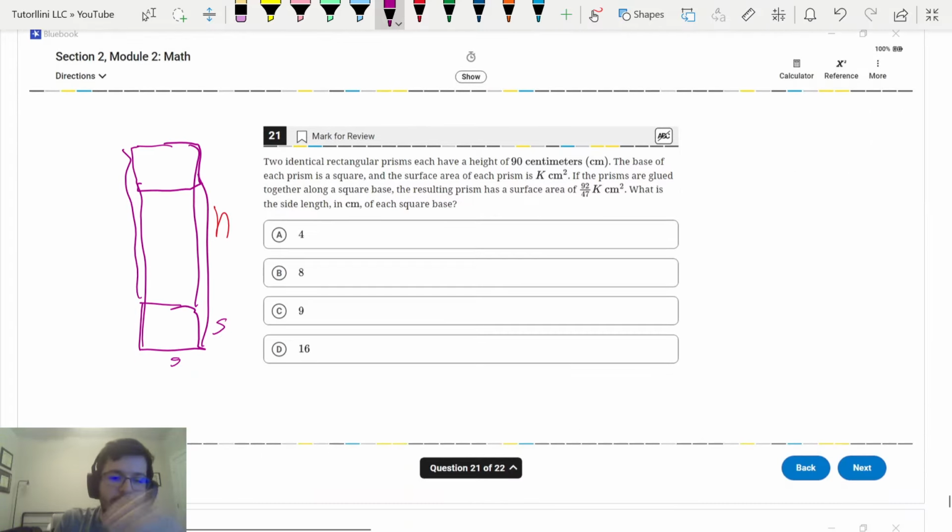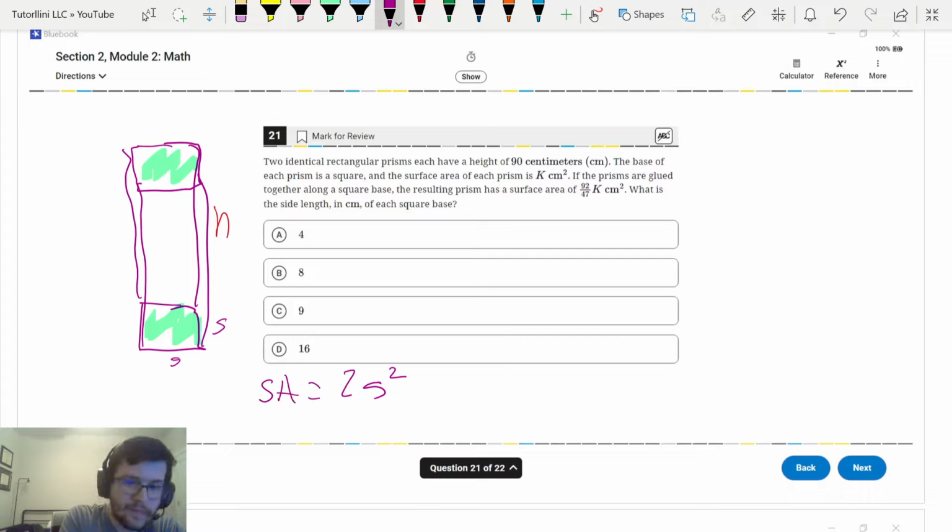Anyway, so we can figure out that the surface area formula, this guy is s squared, and there's two of them, right? So 2s squared, and this guy, this side length is s times h.